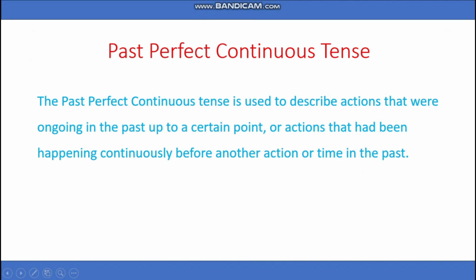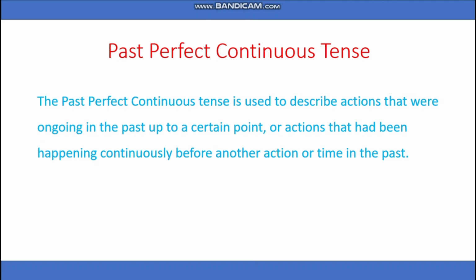This is easy, and sometimes it is difficult to understand. It is a past tense, and the action was continuous in the past. It has some relevance to a point in the past before another action took place.